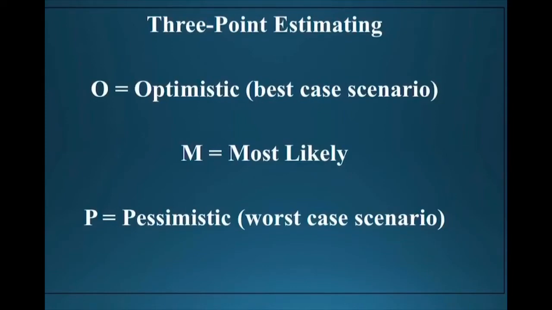Now, this 3-point estimating method has 2 formulas. It has a triangular formula and it has a beta formula. Both formulas are equally accepted by the scientists as a valid formula for doing a 3-point estimate.